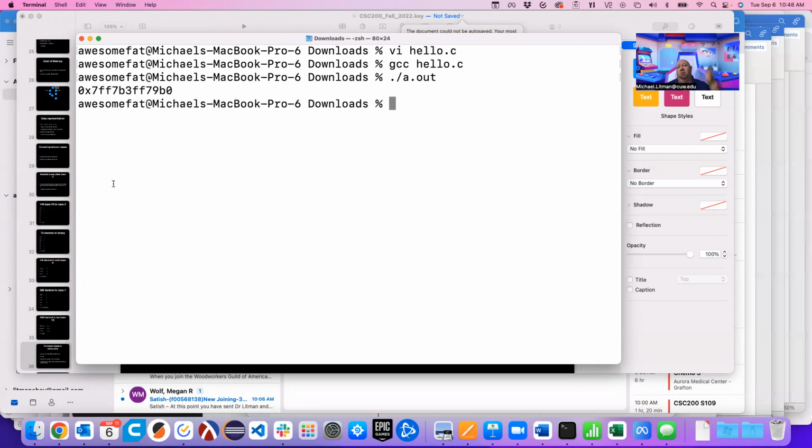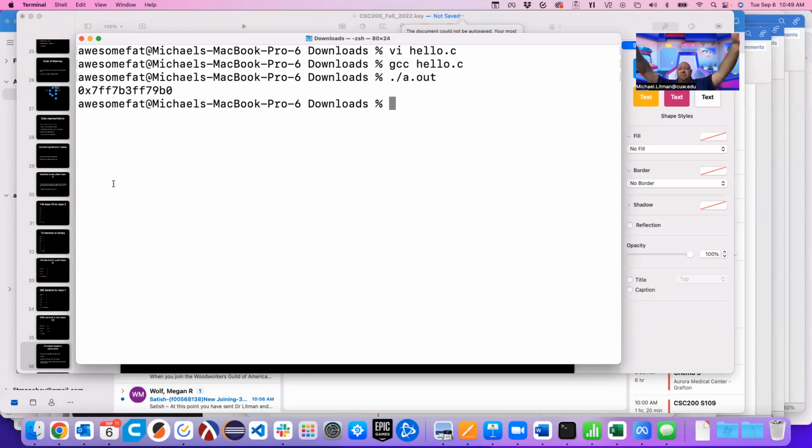So I just wrote a little computer program here. Don't worry about what the logic said, but effectively I generated a memory address. So I created a variable that lives somewhere in memory, and I printed out what the memory address of that thing was.